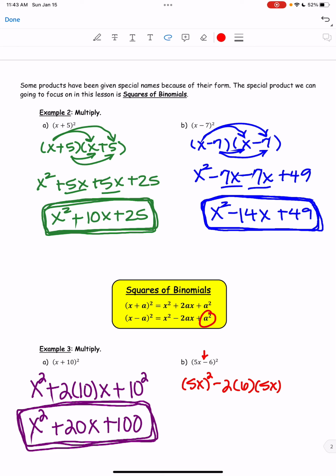And then plus a squared. So plus 6 squared. 5x squared is 25x squared. This middle one is 2 times 6 times 5, which is going to give me 60x plus 36.